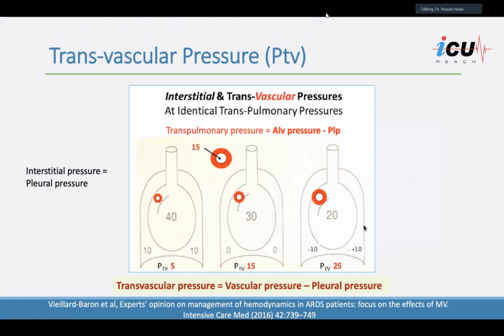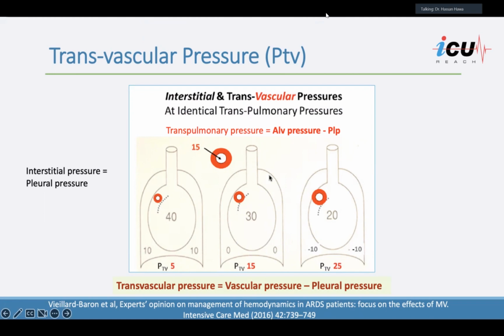Now, the concept of transvascular pressure is another important concept. We know that the higher the transvascular pressure, the higher the filtration pressure, and that is usually associated with pulmonary edema. Transvascular pressure is really the difference between the vascular pressure and the pleural pressure.